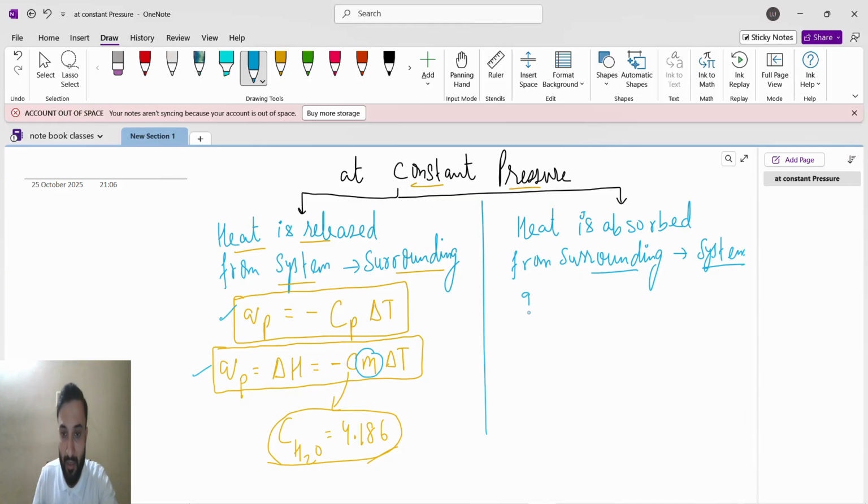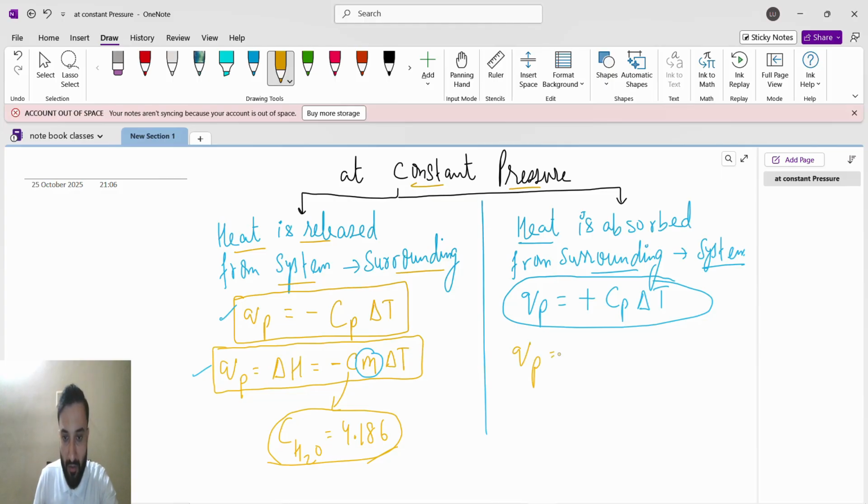So what will happen? See, heat absorbed from surrounding to system, I will take as Q, because heat is denoted by Q, at constant pressure, Qp. Heat is absorbed means plus sign, at constant pressure means Cp, and either heat is absorbed or released, there is a change in temperature, so delta T. Then Qp is equal to delta H, we know this.